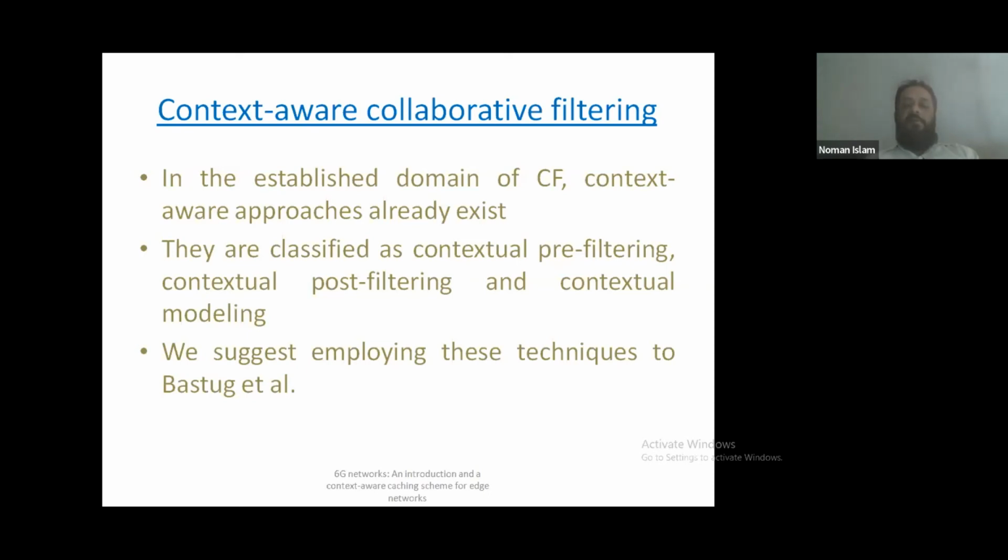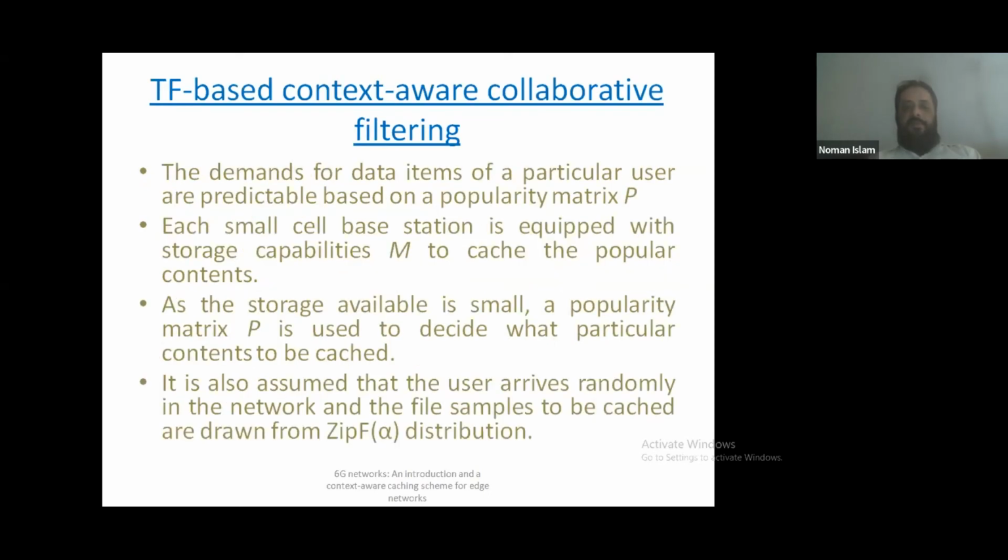So our idea is employing these techniques to the research earlier proposed by Bastet. So what we want is that the demand for data items can be predicted based on a popularity matrix. What we will do is that each small cell base station is equipped with storage capability to cache the popular content. So at every base station, we have some capacity to store the popular content.